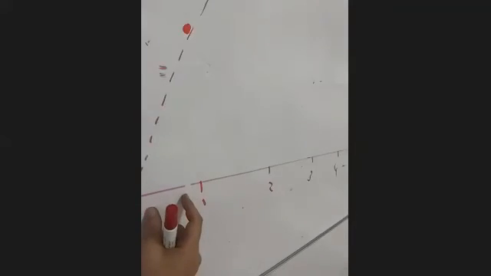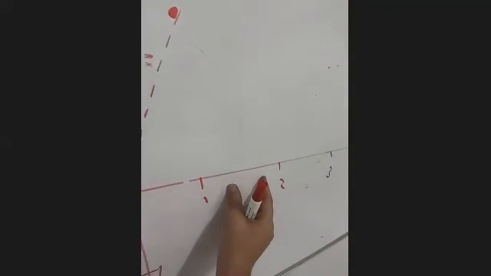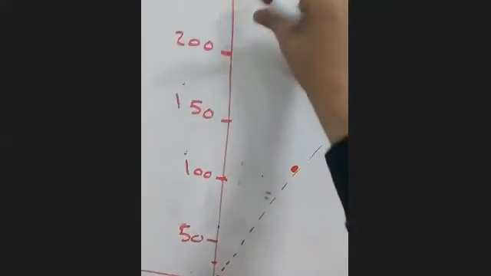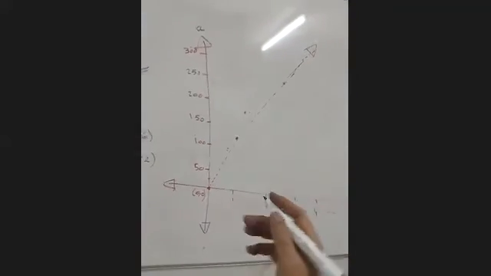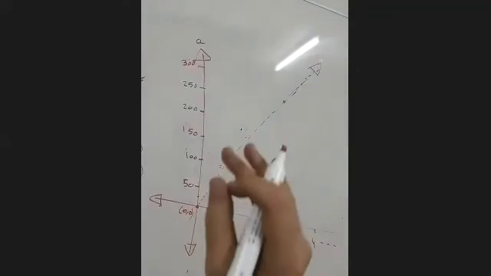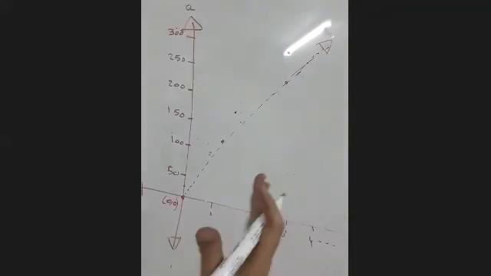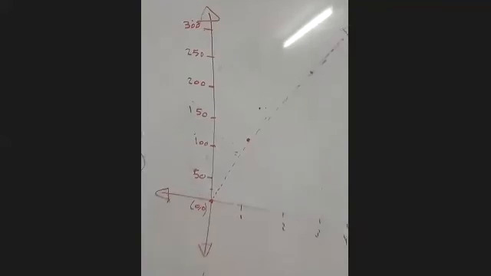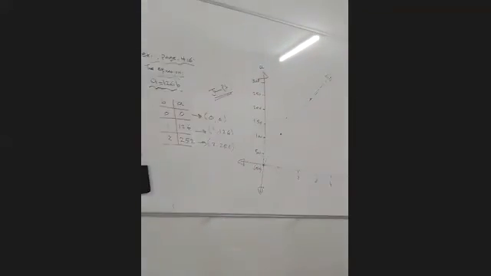This space should be equal to this space, and also here, guys. But I'm using my hand, so maybe the line doesn't look very straight, but it should be a very straight line. This is how we graph a relationship, guys.